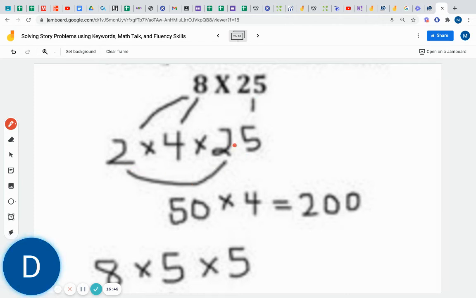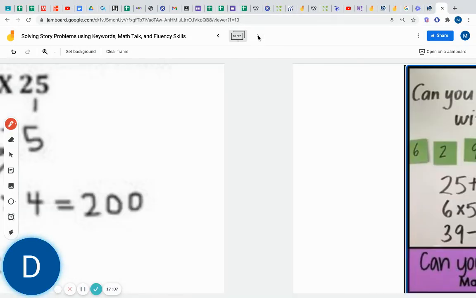Well, I know that 2 times 25 is 50, and I know what 50 times 4 is, 200. So that's one way, or you can split apart the 25 into 5 by 5, and then just take 8 times 5 is 40, what's 40 times 5? Well, I know that 4 times 5 is 20, add a 0. So there are so many different strategies to use when using mental math skills.